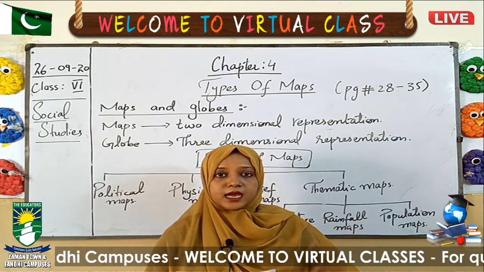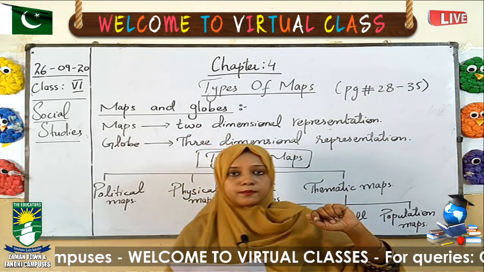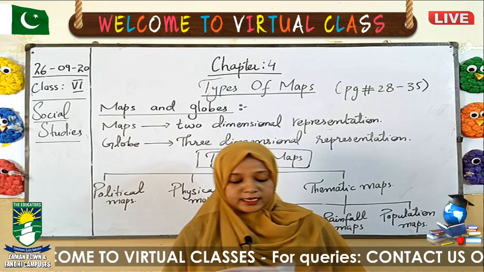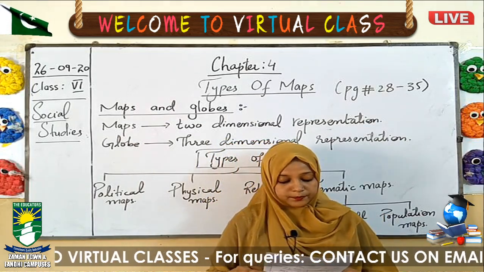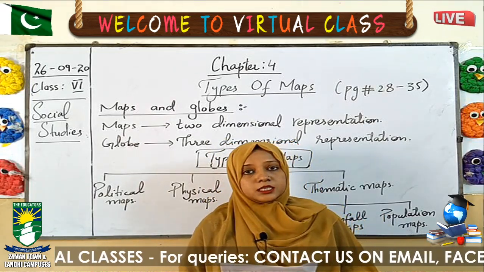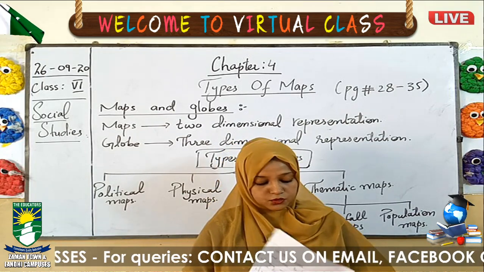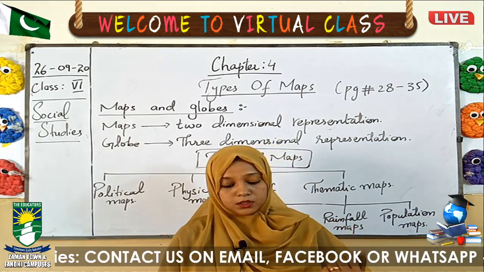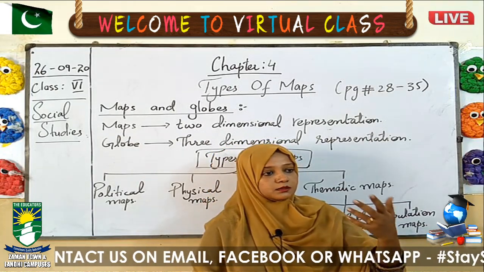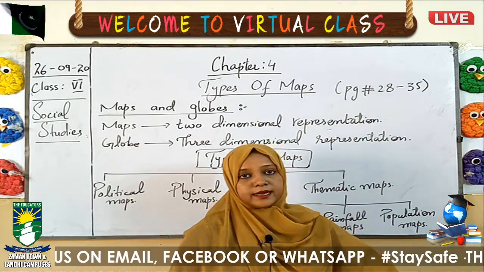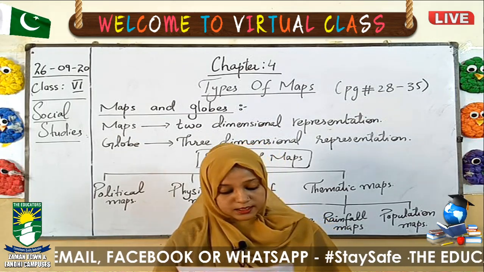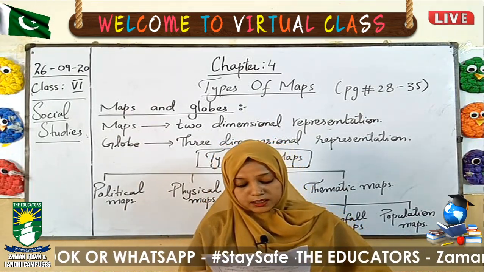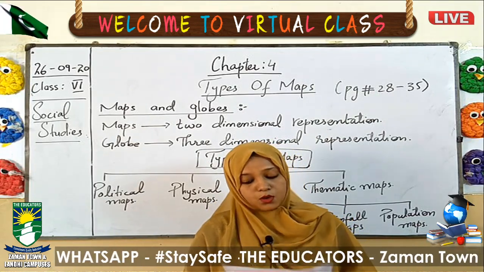Grid lines: the numbered lines on the map in the form of squares are called grid lines, which we discussed in the previous chapter. Inland, the interior part of the country. Key, I told you, the symbols we use on the map to highlight different things, the countries, the landscapes. Scale, the ratio of the actual size of an object and its representation on the map.